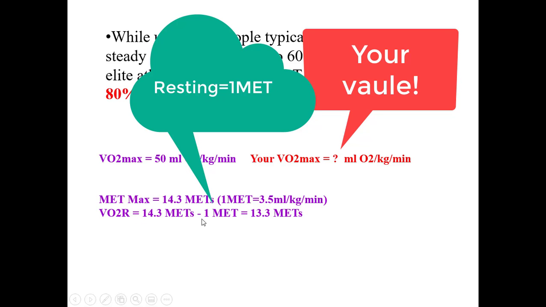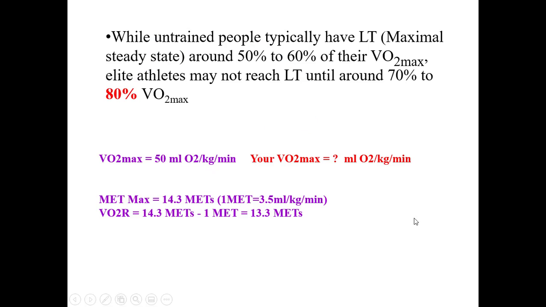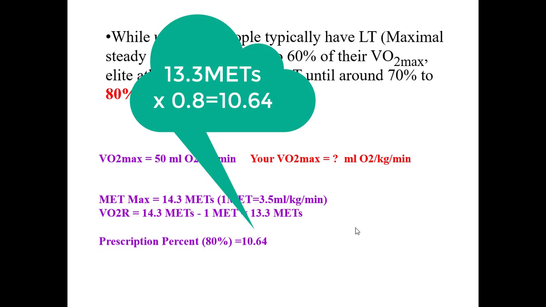It's just an equation: max MET minus 1 MET. Could you calculate your VO2 reserve? Did you do it? And next is the prescribed percentage of exercise intensity.